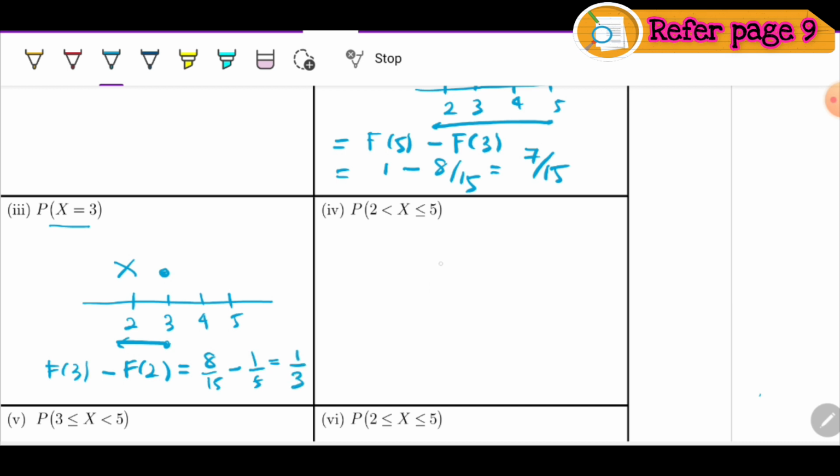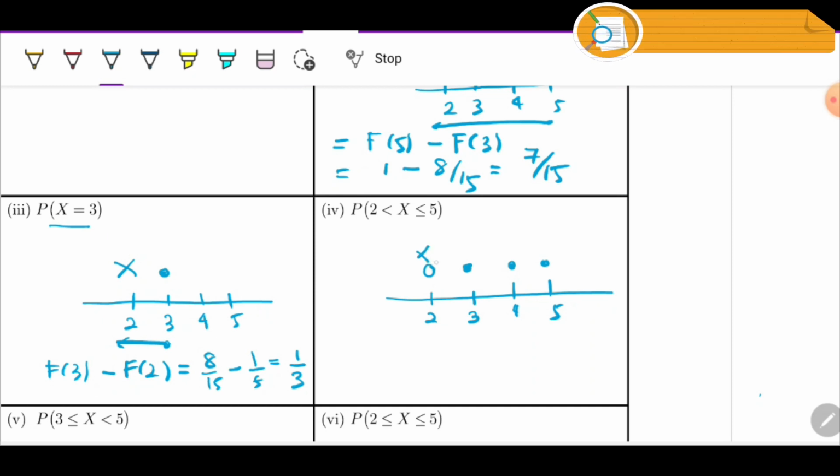Question number 4. Find the probability x between 2 and 5 but not including 2. So draw a number line. 2, 3, 4, 5. So start from 2 but not included. 3, 4, 5. Okay.